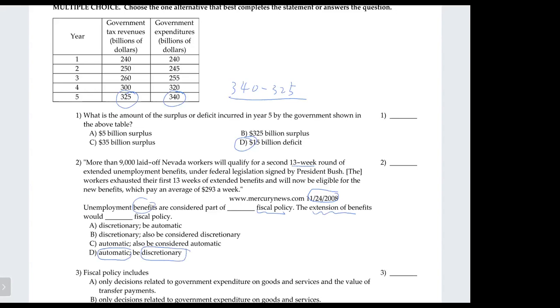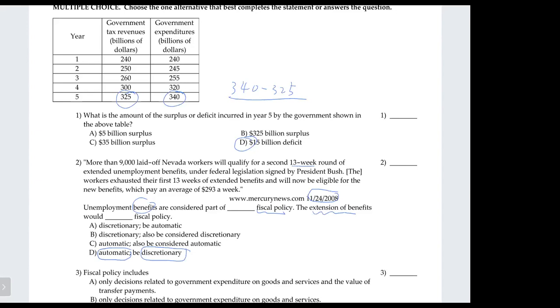It only happens when the government, or particularly the administration, believes the economic recession is so deep that we must have some additional action, otherwise the economy is not going to survive. So the answer is D.